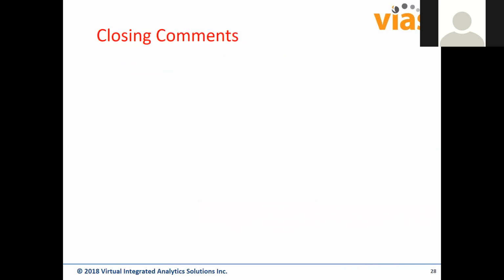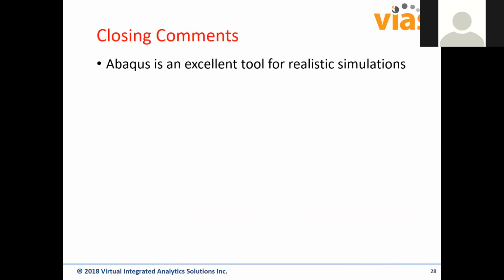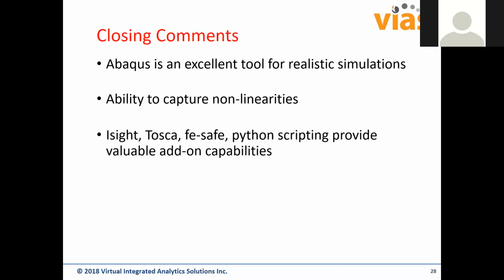So just to summarize what we've discussed so far today. We've seen Abaqus, known in the market to be an excellent tool for realistic simulations. You have the capability to capture all these non-linearities that are inherent in the nature of the problem. iSight, Tosca, FESAVE, and Python capabilities and integration with Abaqus and Simulia provide great features.